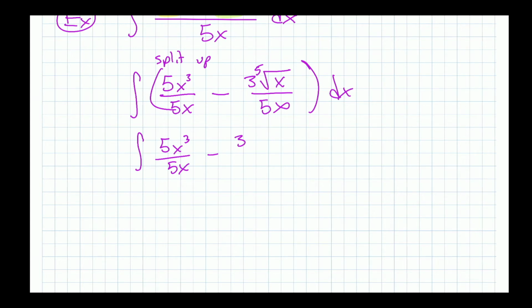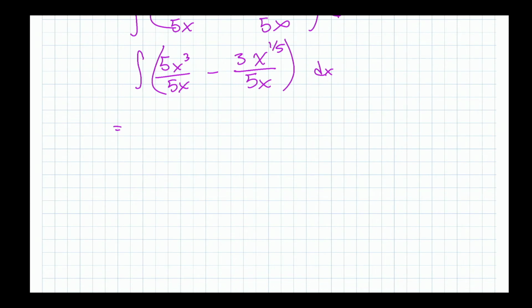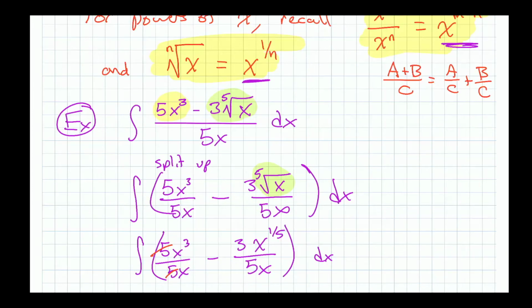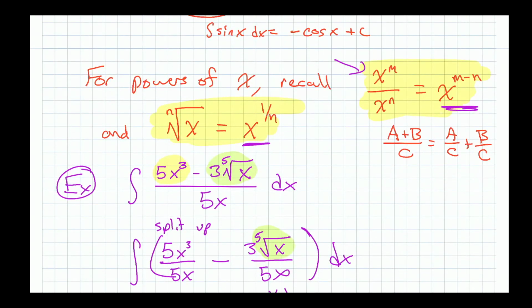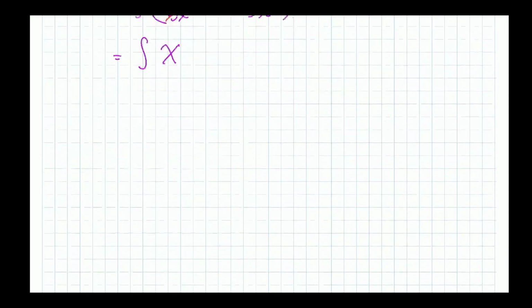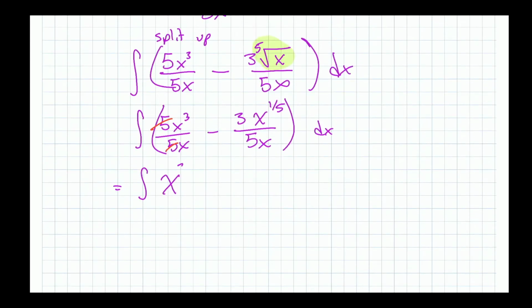I need to rewrite that as x to the 1/5 over 5x. And I'm still not going to do the integral yet, so I'm just going to rewrite it. One thing we can do here is get rid of those 5's, right? We got lucky, 5 on top, 5 on bottom. And I guess this is simple enough too, where we could use this rule. When you're dividing powers of x, you subtract. So this is x to the, what would it be? 3 minus 1, right?